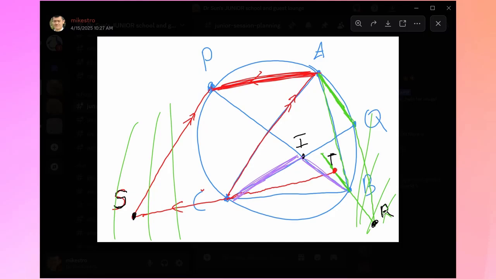Okay. So we can delete the T. It's just the triangle and the angle bisectors now, yeah?